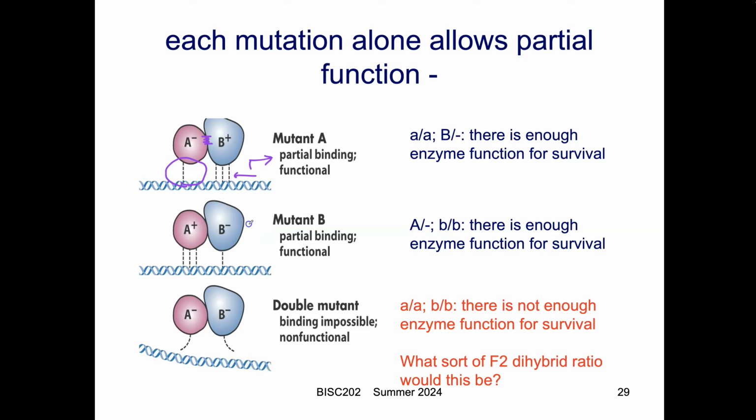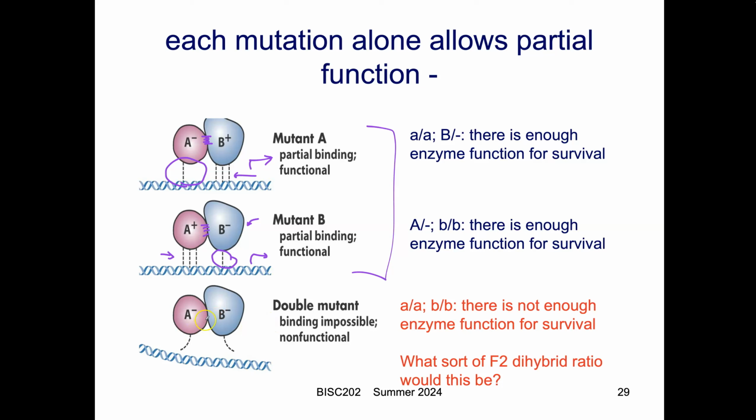And the same with B. If we have a mutation in gene B and the protein can just kind of bind a little bit to the DNA, it's not really very good, but it's been bound, dimerized with gene A, and the gene A protein is nicely bound to the DNA. So in both of these cases, you have enough enzyme for survival.